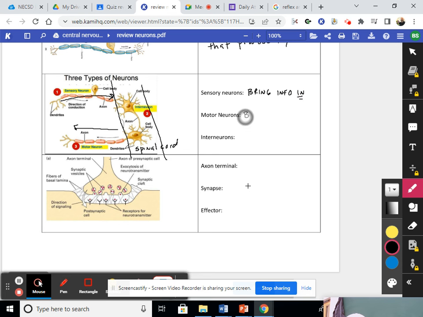Motor neurons bring, when I say info, it's like signals, right? Nerve signals out to the muscles. And the interneurons connect the two. And they come into play during a reflex.